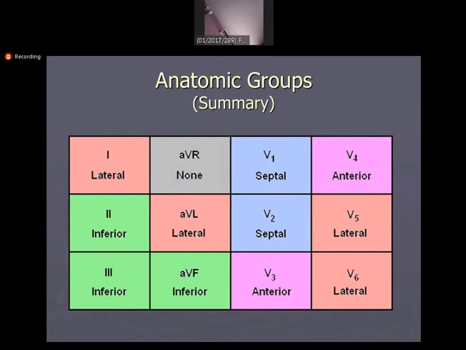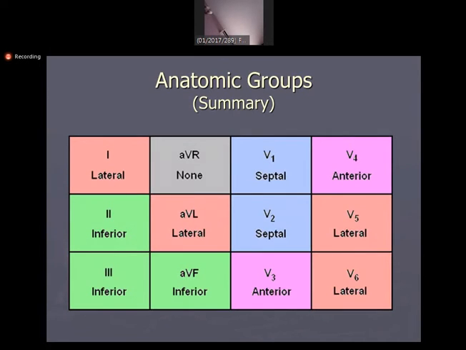Now I have shown you a summary. If you see V1 and V2, what does it mean? You are observing the septal part of the heart. V3 and V4, anterior part of the heart.